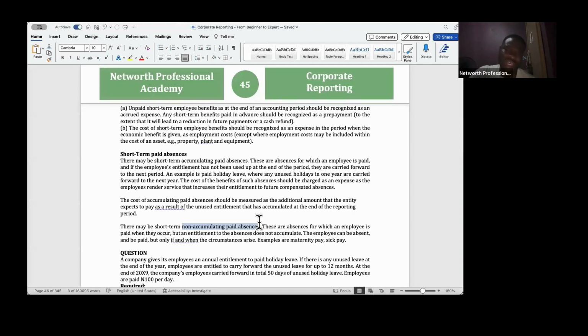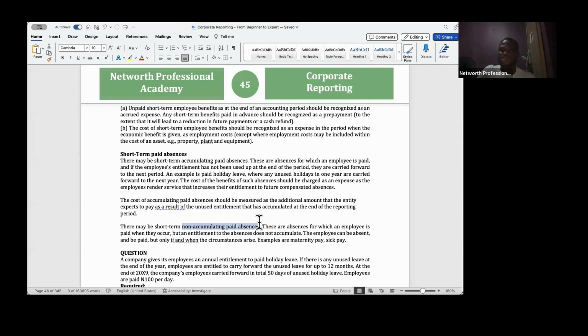So we will recognize nothing in our books. There is no headache. That's not accumulating. But if the guy goes on leave, we will recognize debit staff cost, credit bank. So that's straightforward. I don't see any examiner asking you that.